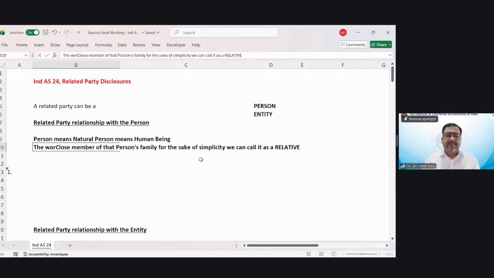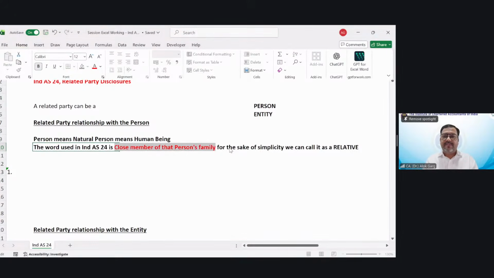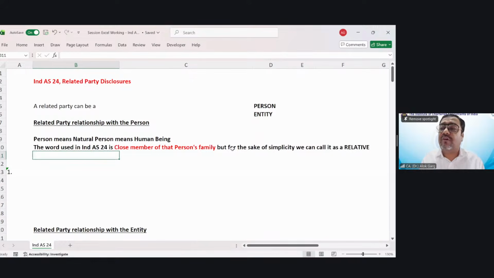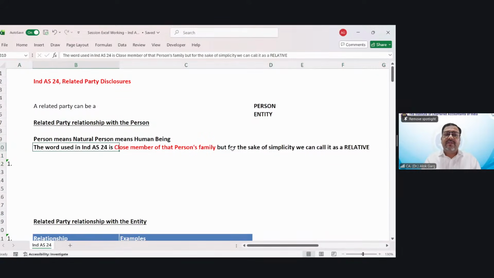The word used in the standard, Ind AS 24, is close member of that person's family. But for the sake of simplicity, we can call it a relative, only for the purpose of understanding. The word relative has not been used in Ind AS 24.